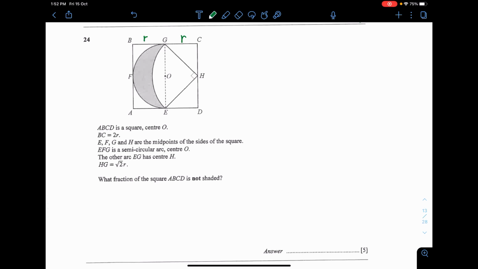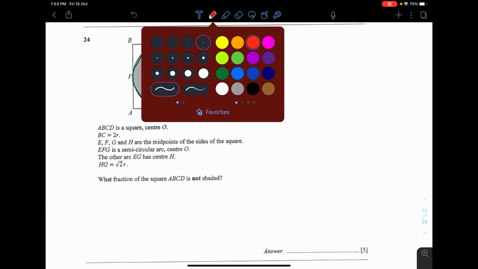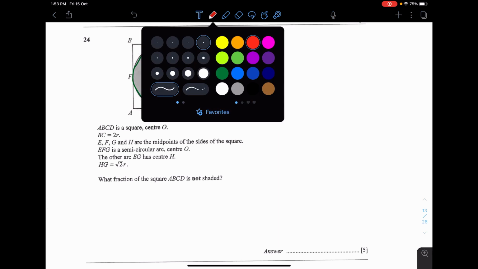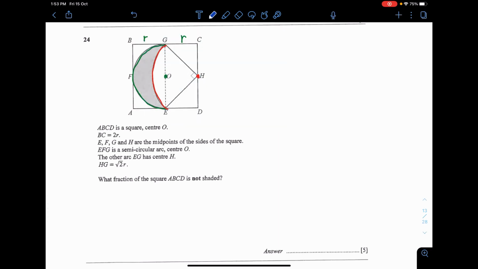So there are 2 arcs. The first arc is EFGH, thanks to the center of circle O, and there's another arc here, G to E, thanks to the center of H. So be careful, which arc are we talking about? There are 2 arcs and 2 different centers.